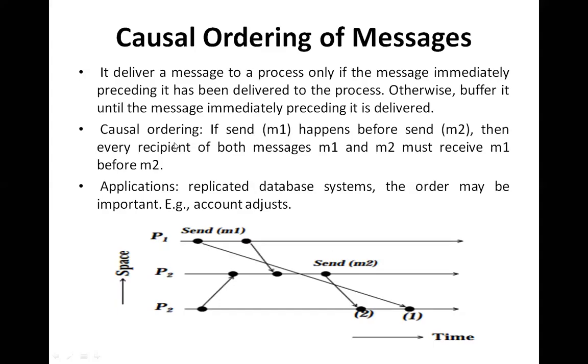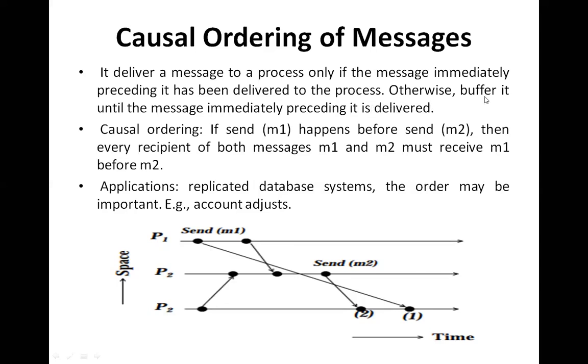So the meaning of causal ordering is that if a message has to be sent by a process, that message has to be received by another process, and before that, all the messages which have to be received by the process must already have been received.